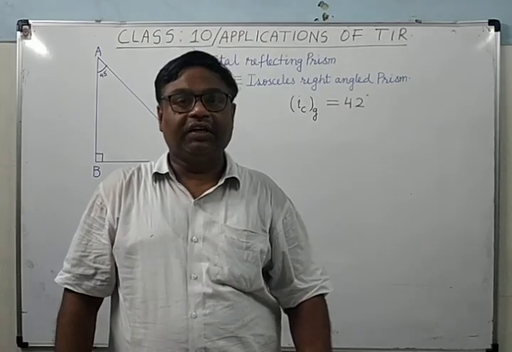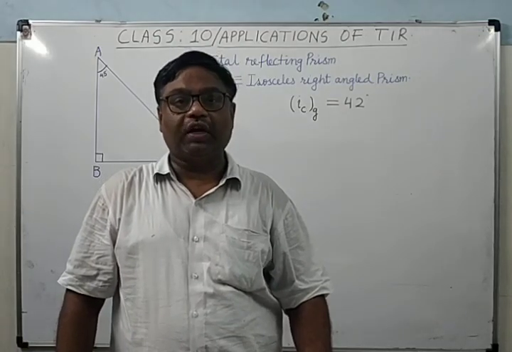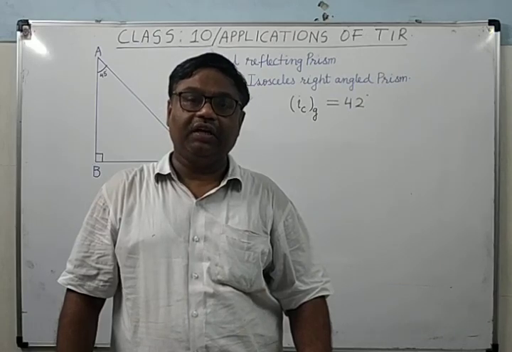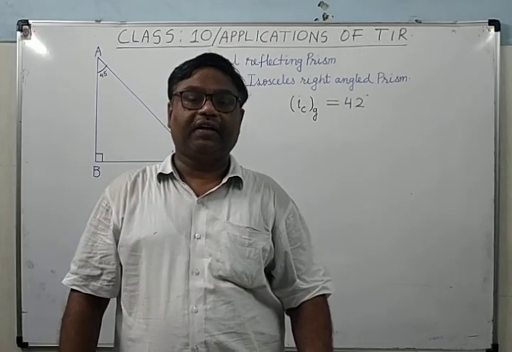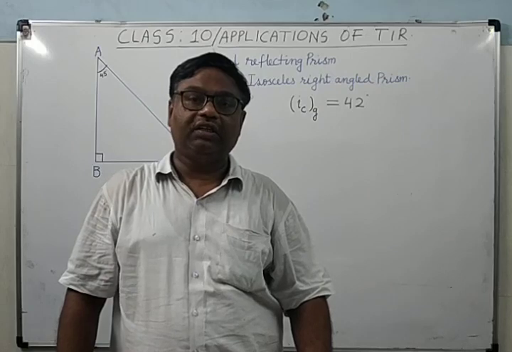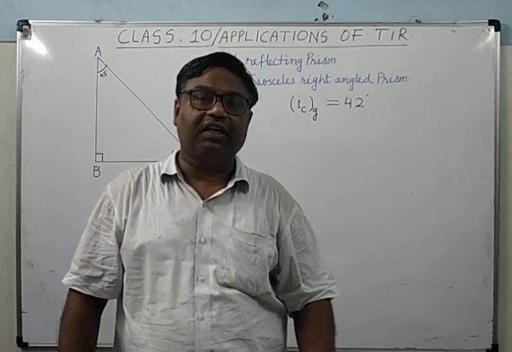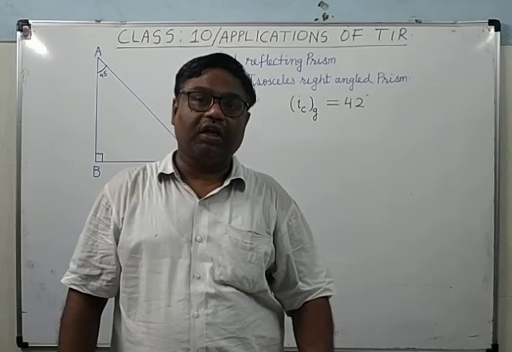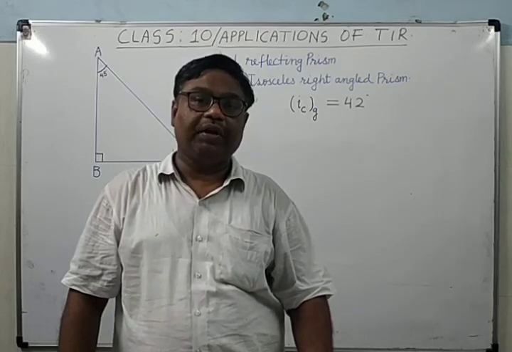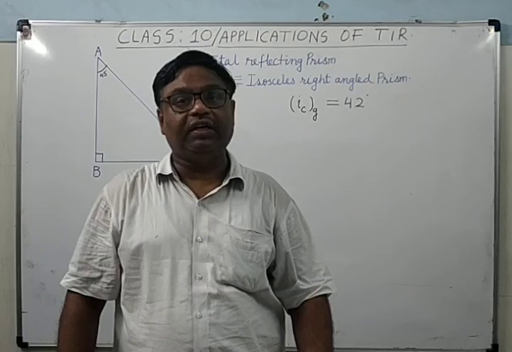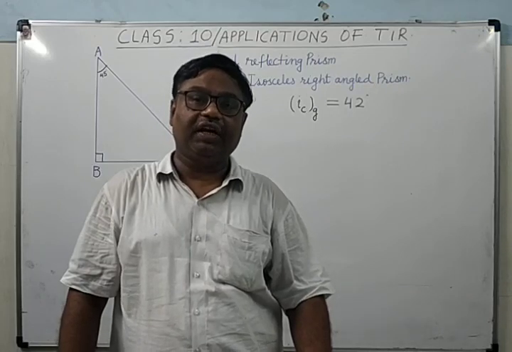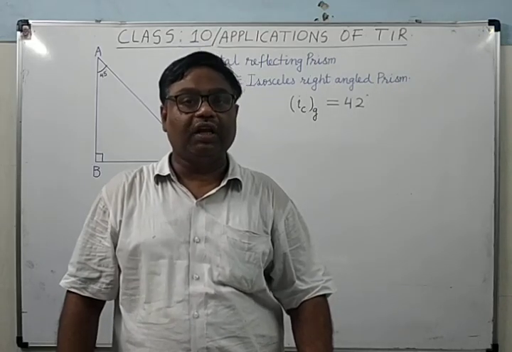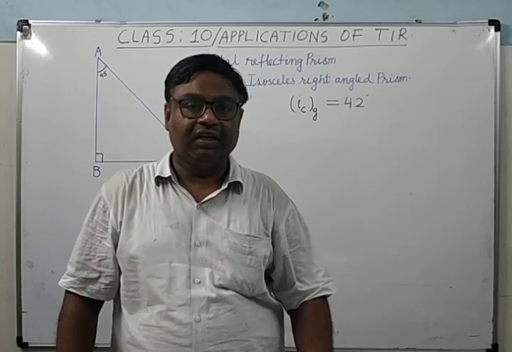That is, the refracted ray will go grazing to the glass air interface. But when it becomes more than 42 degree, what will happen? It will suffer total internal reflection, means it will get reflected, obeying the laws of reflection.